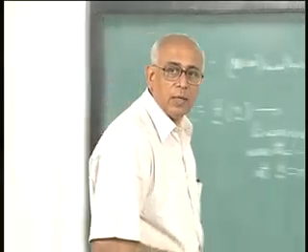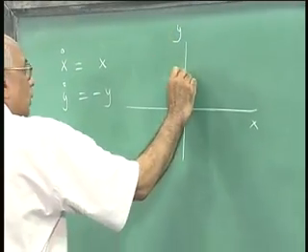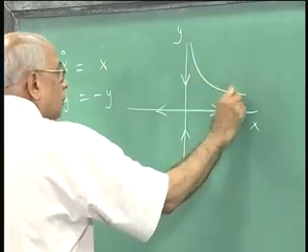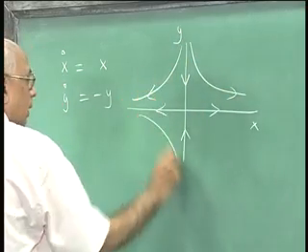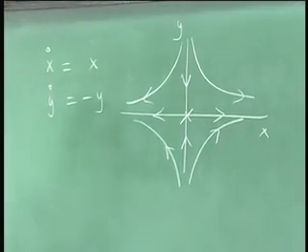Now what do the phase trajectories look like? Well, here is x and here is y. Things are going to flow in the y direction but flow out in the x direction, and therefore this is what the trajectories look like, and this was a saddle point.